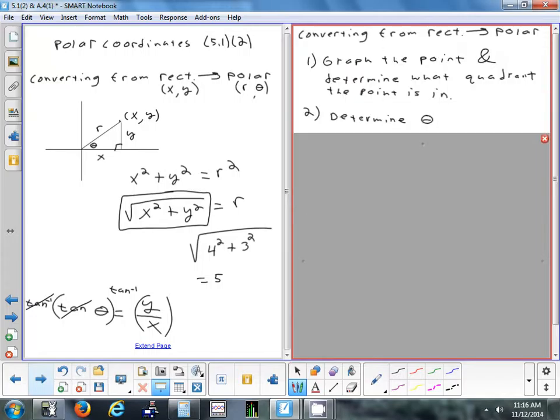So to convert from rectangular to polar, the first thing you want to do is take your point, graph it, and figure out which quadrant it's in. The reason you have to figure out which quadrant it's in has to do with theta. It doesn't have anything to do with r. Quadrant doesn't matter for r, but it does matter for theta, and I'll show you why.